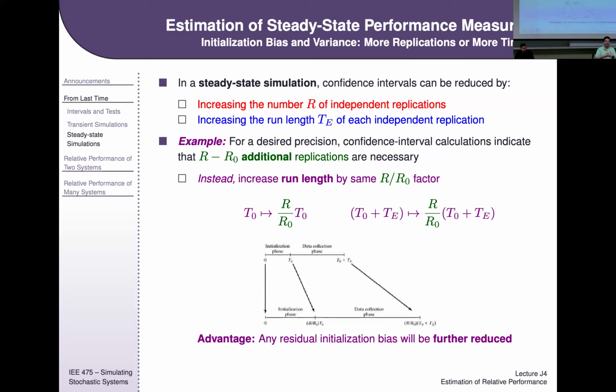So it's this relationship between the length of a replication and the number of replications. Those are two levers to do the same thing, but it just so happens that lengthening a replication also reduces bias, whereas adding more replications does not. Okay, so that only works for steady state simulations, not for transient simulations. You're stuck with the length for transient.